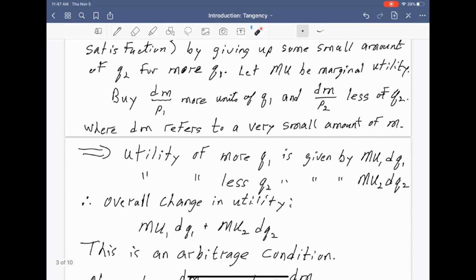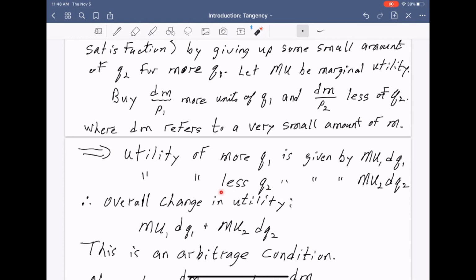So the utility of more Q1 is given by the marginal utility of 1 multiplied by the change in Q1 that you'd get from this little bit of a change in M as you move income from the purchase of 2 toward the purchase of 1. That's how much Q1 you'd get, so this is equal to this dQ1.